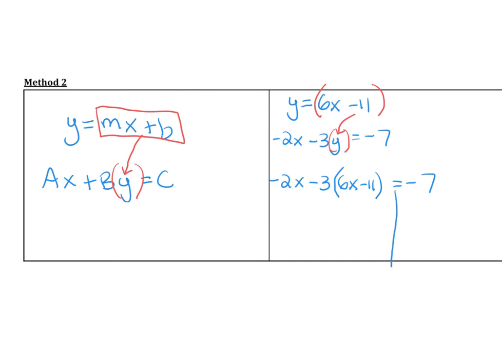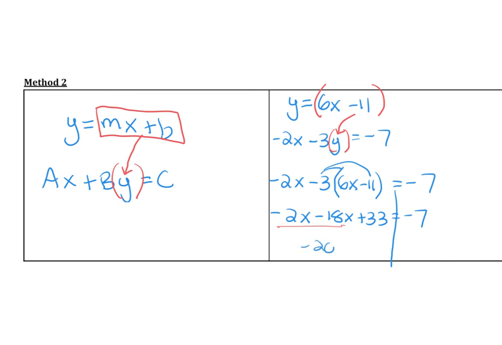So now I have an equation with no y's, just x's. And so let's solve. Distribute: negative 2x minus 18x plus 33. Combine like terms.